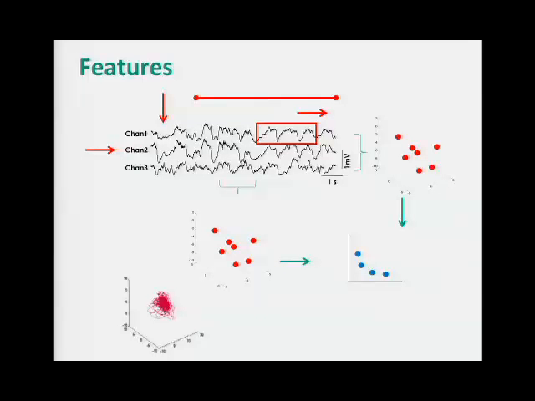Those are just very representative examples. There is no feature at all, let's say. And at the end, what we can also do is dimensionality reduction. If we have a lot of channels and all the relationships between channels, we will still have a lot of data. So we can transform those features to another space.